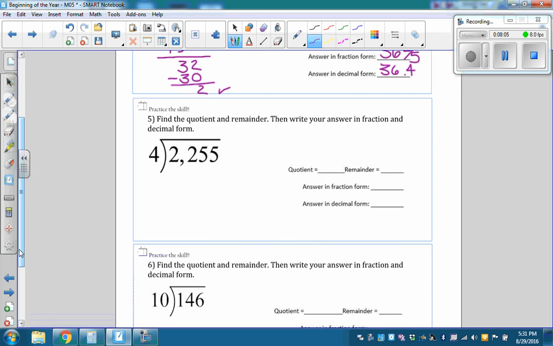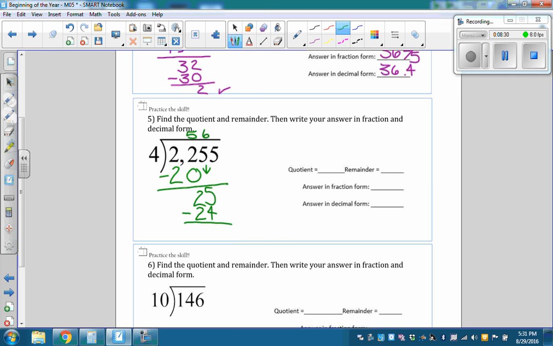On this following problem, we repeat the process. 4 goes into 22 5 times. 5 times 4 is 20. Subtract. 22 take away 20 is 2. Bring down the 5. 4 goes into 25 6 times. 6 times 4 is 24.